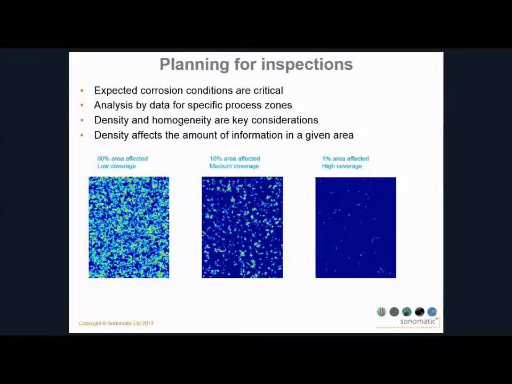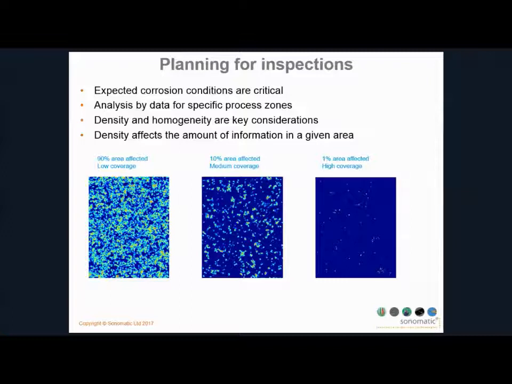So the next few slides I'll go through fairly quickly, just looking at some of the key factors in planning for inspection. The expected corrosion conditions are critical, and how much coverage, for instance, you would need depends very strongly on the corrosion conditions.